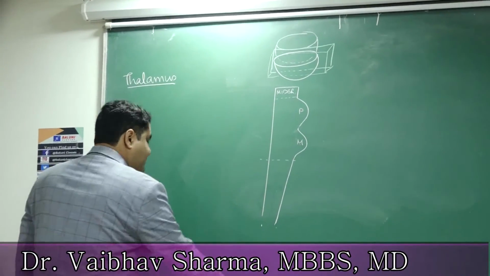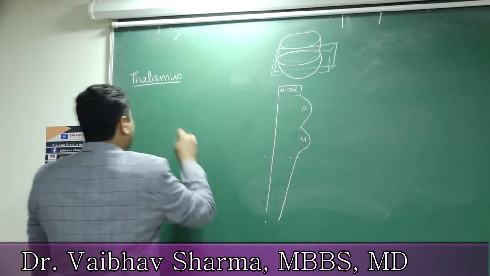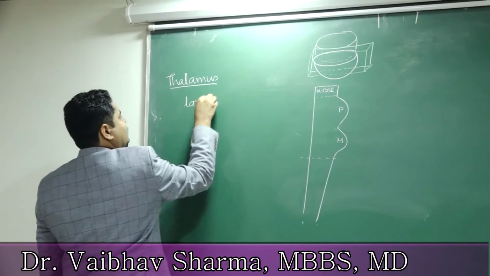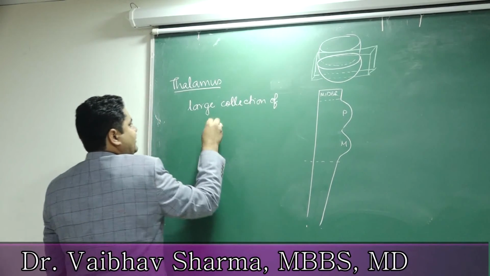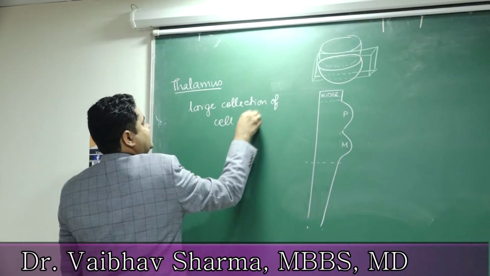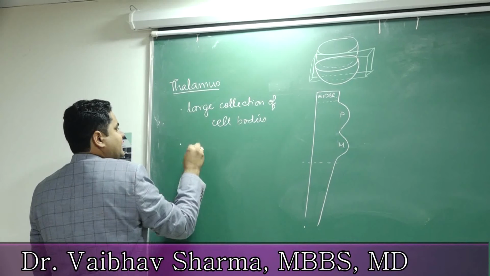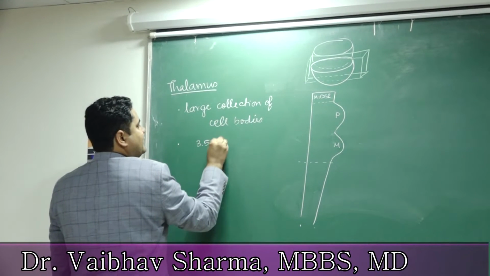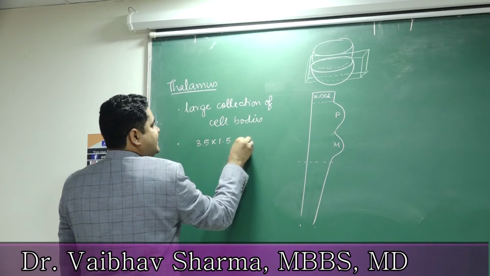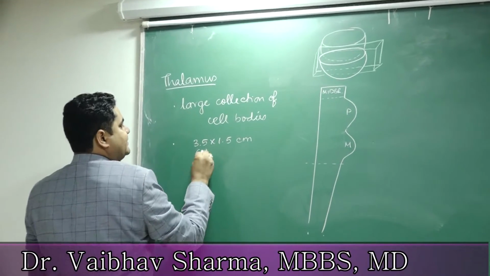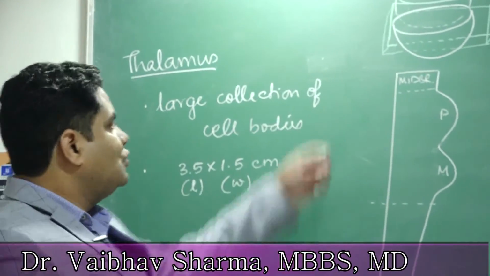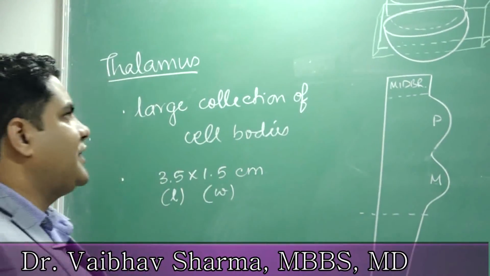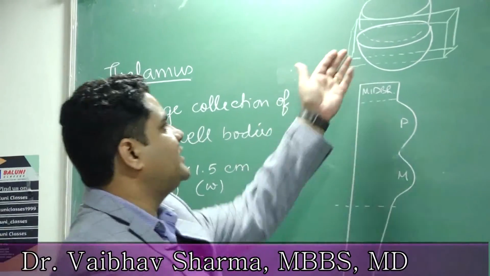These oval masses, which are called as thalami, are large collection of cell bodies. They are about 3.5 into 1.5 centimeter in length and width. So these are two egg-shaped masses present on either side of the third ventricle.